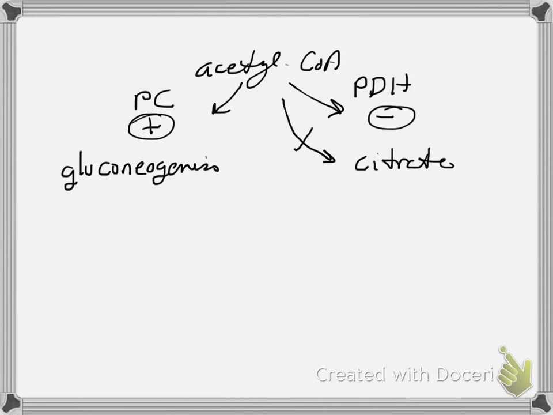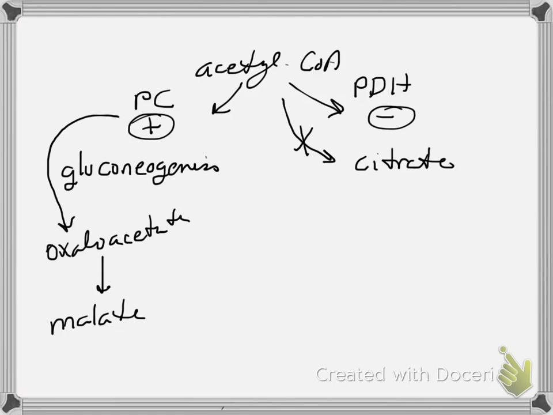The reason for this is, think about where the oxaloacetate is going. The pyruvate carboxylase is transforming pyruvate into oxaloacetate, which is becoming malate because of the very high levels of NADH in the mitochondria. And then the malate is exported out into the cytoplasm for gluconeogenesis.